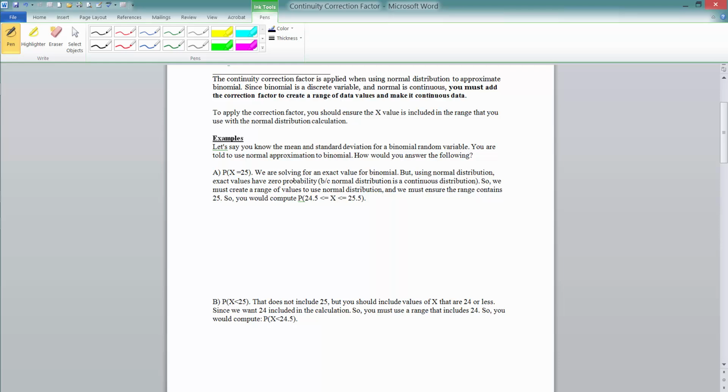Now, if x is equal to 25, for a binomial distribution, which is discrete, we can compute the probability of an exact value, 25. But because we're using the normal distribution to approximate that probability, we cannot compute the probability of an exact value. So we need to create a range around that 25 and make a range of values from here to here, and make that approximation.